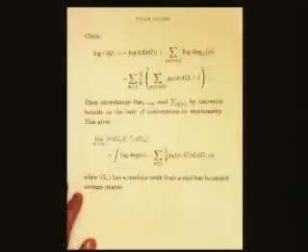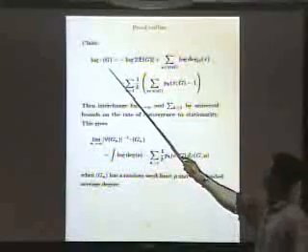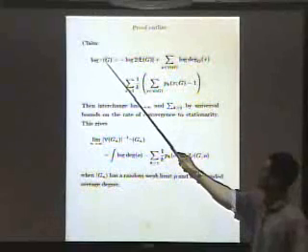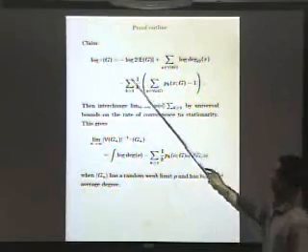Okay, so here's the outline of the proof. I said that we need a similar expression for a finite graph G in terms of a series of local quantities for the number of spanning trees.